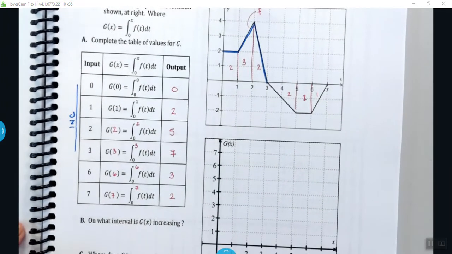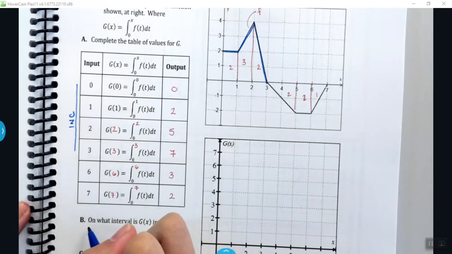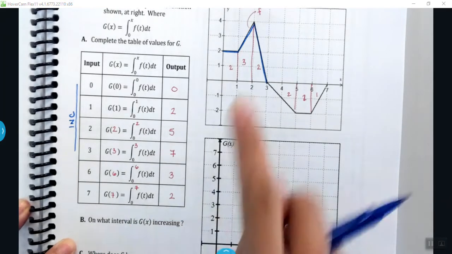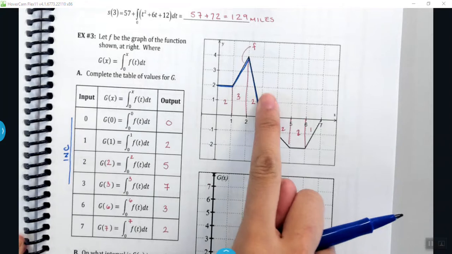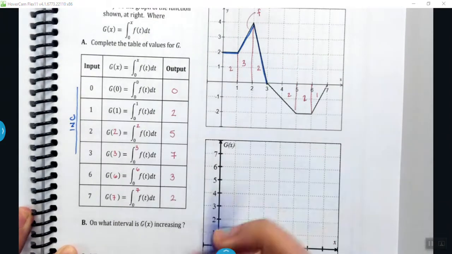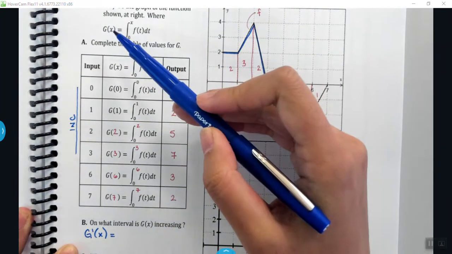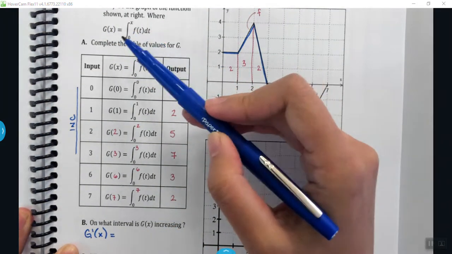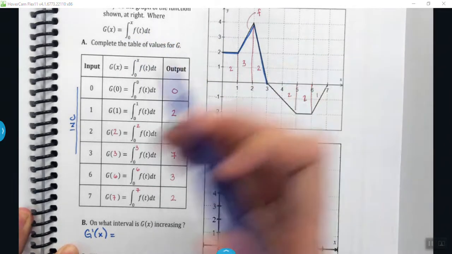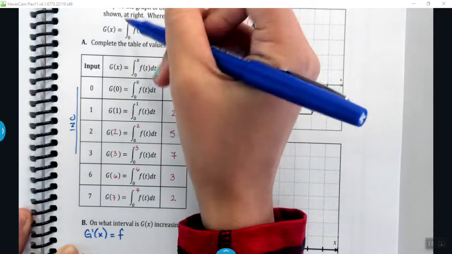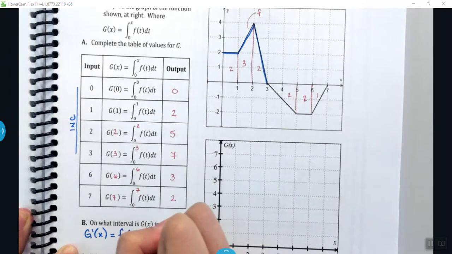Now how we write that, and they'll give you a point for doing this, is that you'll want to write a connection between g and the graph that you have here. So g prime is what happens when I take the derivative of this integral. It's just f with x plugged in, right?